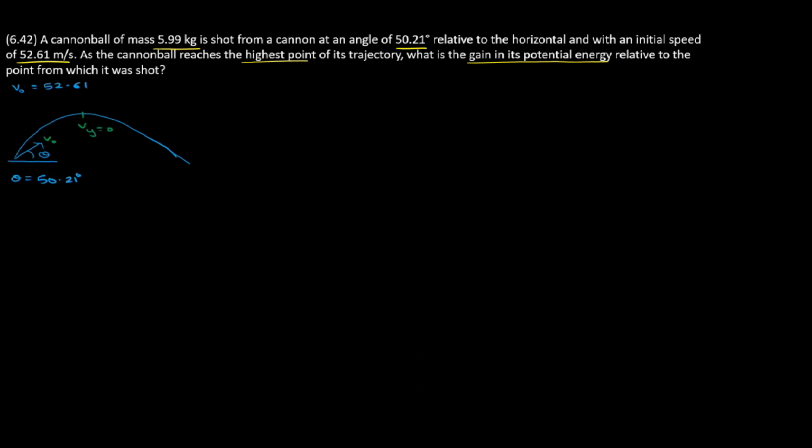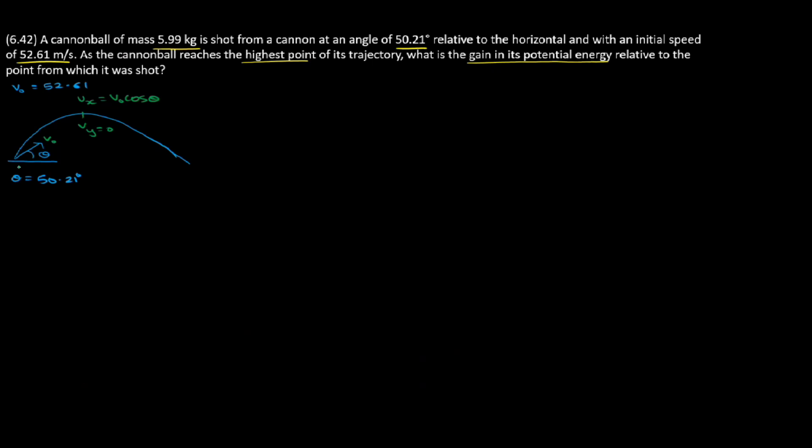Only the y component, because it is similar to free fall motion. The x component of velocity in projectile motion does not change. It remains constant. So even though the y component is 0, the x component still remains at the highest point, and we write the x component as v cosine theta. This is how you find the x component of any vector, by multiplying the magnitude of the vector with the cosine of the angle theta.